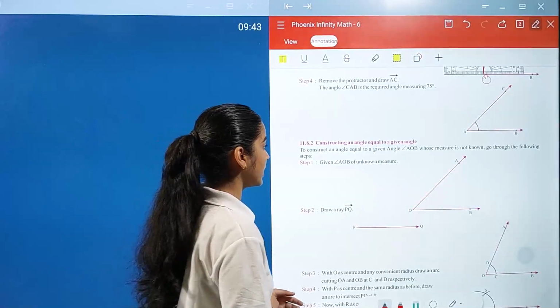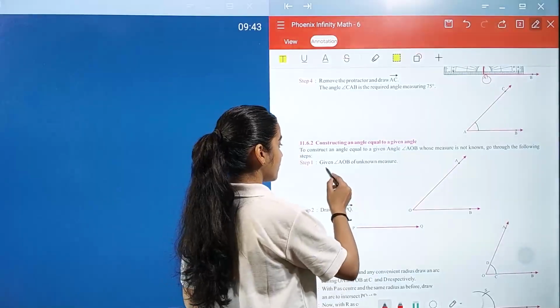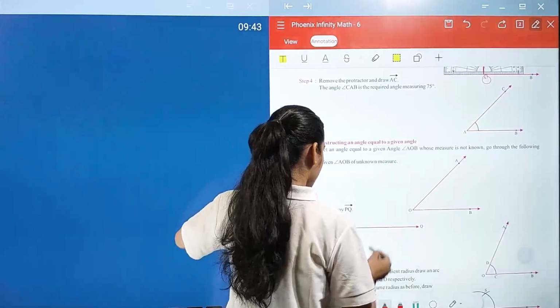Now we construct an angle equal to a given angle. First of all, you have to measure the given angle AOB of unknown measure. Draw a ray PQ. Here is your PQ.